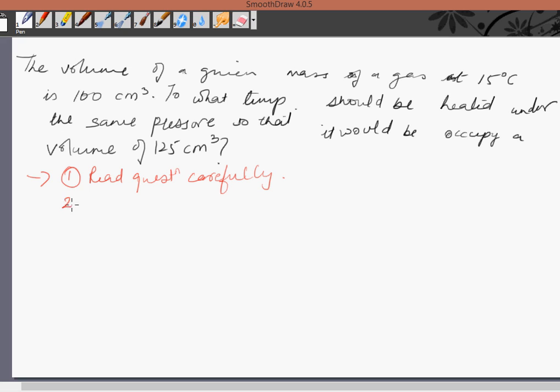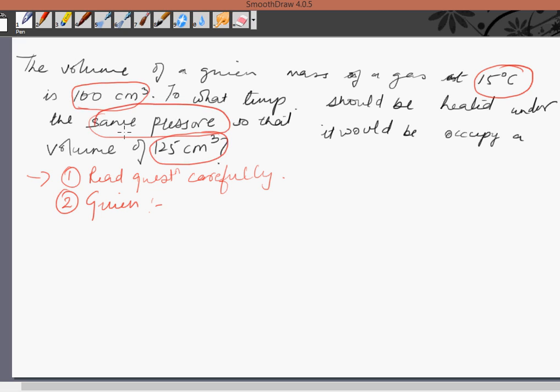Now, first, have you read the question carefully? Right? Second, let's see the given part. We have 15 degrees temperature, the initial volume, the final volume, and the same pressure. We have to find the final temperature. So V1 is 100 cubic centimeters.